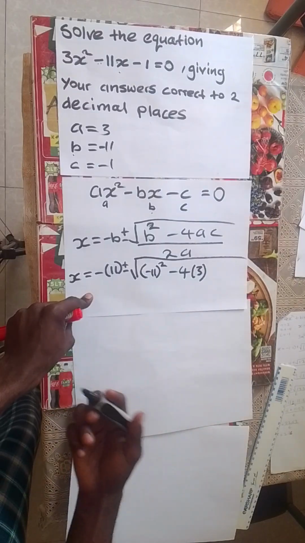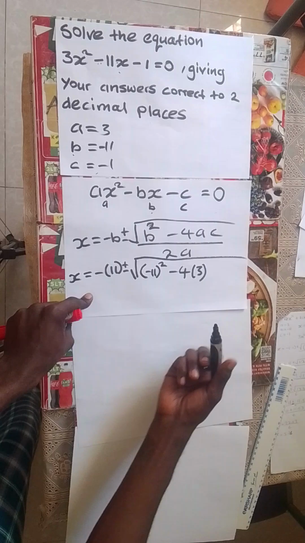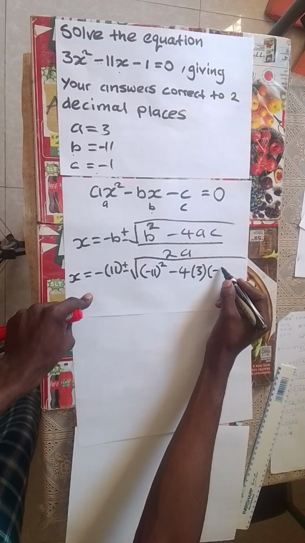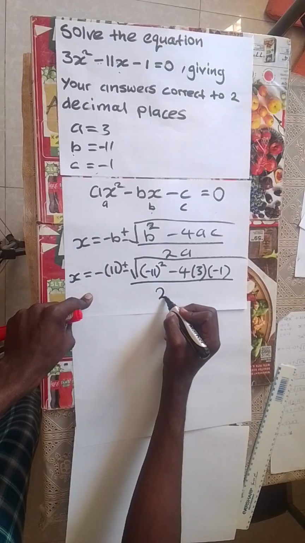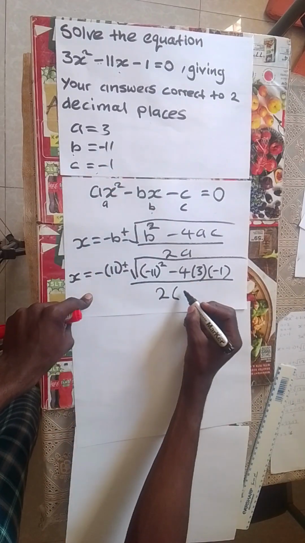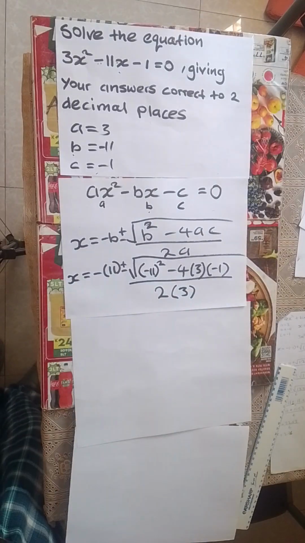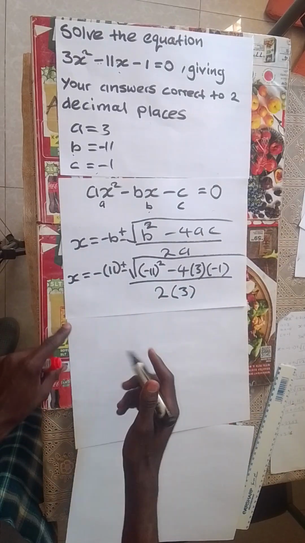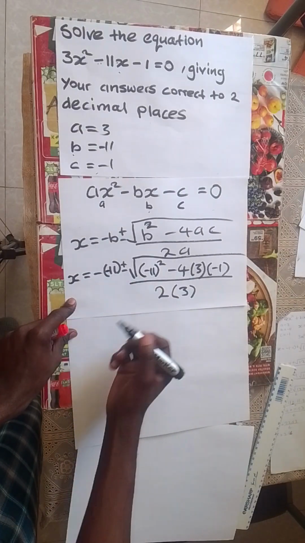And what was our c? Our c, which we put in here, was a negative 1, over what was our a? Our a was a 3. Now we begin to break it down step by step. I forgot it's supposed to be a negative 11 inside.